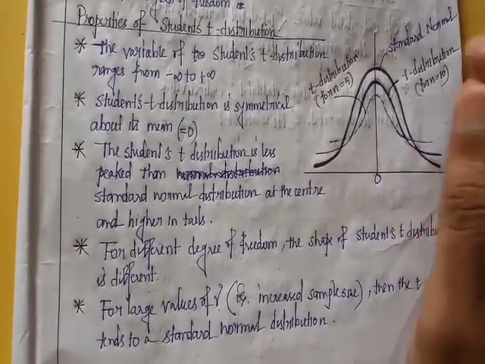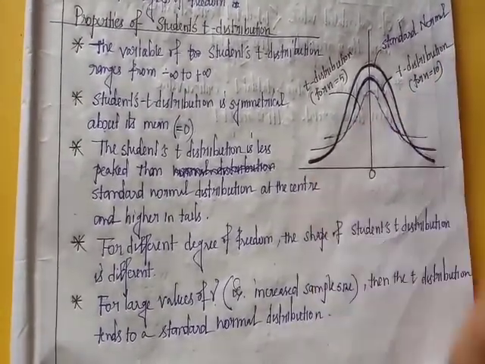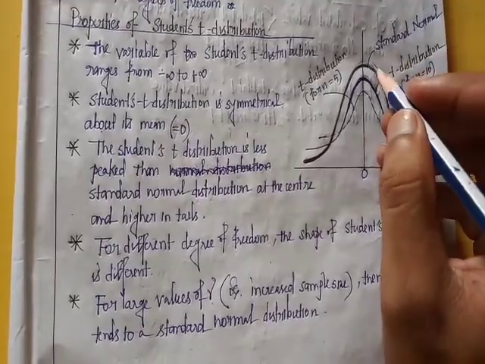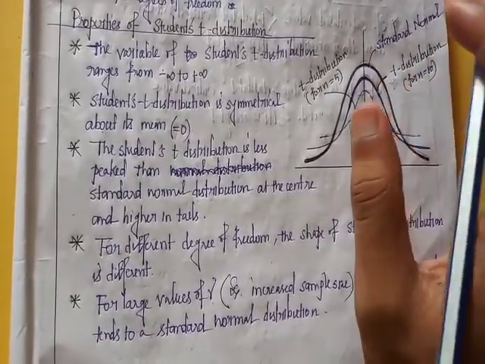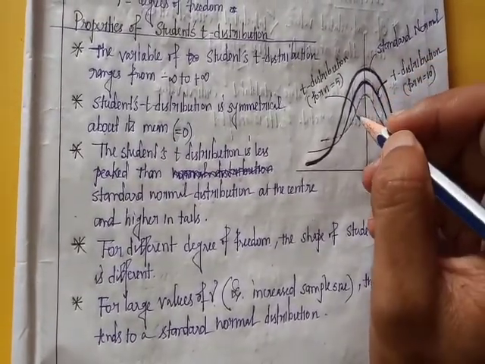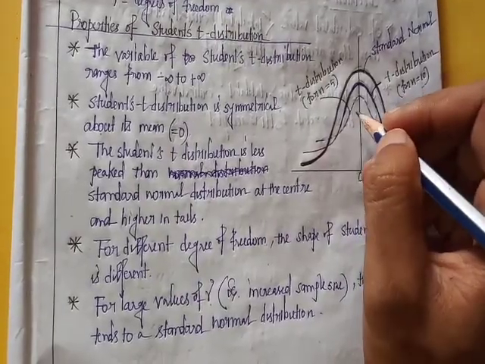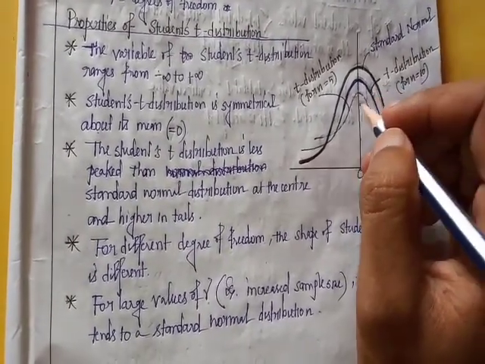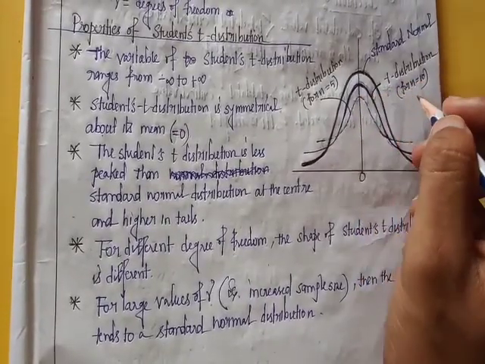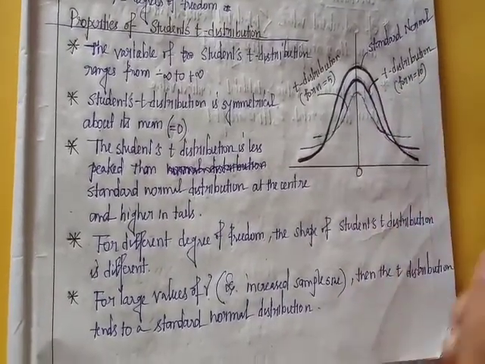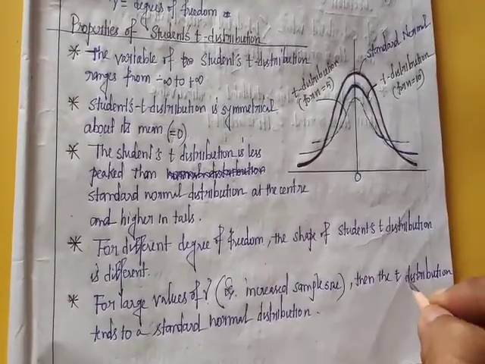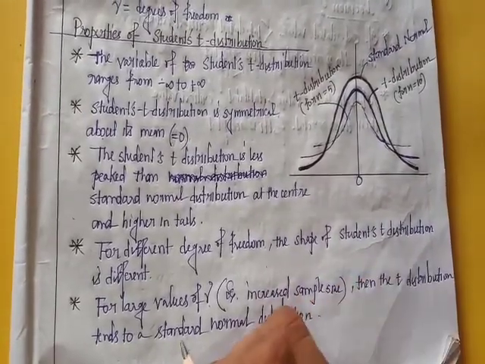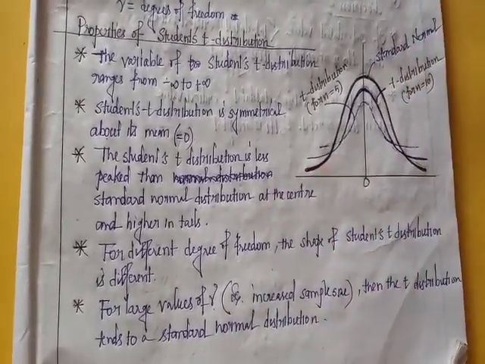That is, if n increases, then student T distribution tends to standard normal distribution. This is the distribution curve for sample size 5, and this is the distribution curve for sample size 10.